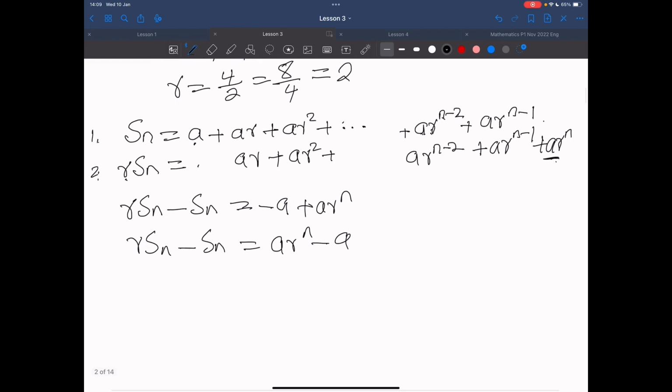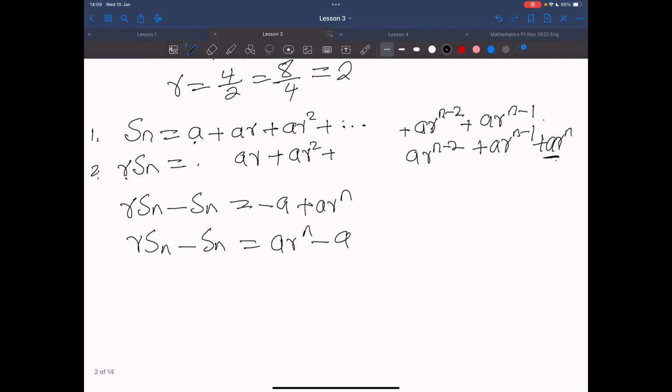Then we can take out a common factor. The common factor on the left is Sn, and then we have r minus 1. On the right we take out a common factor, which is a, into r exponent n minus 1.